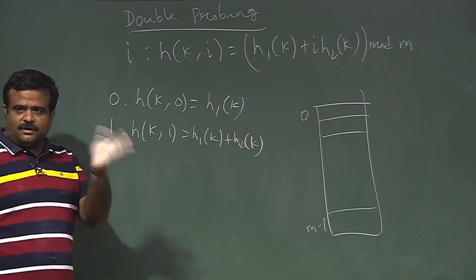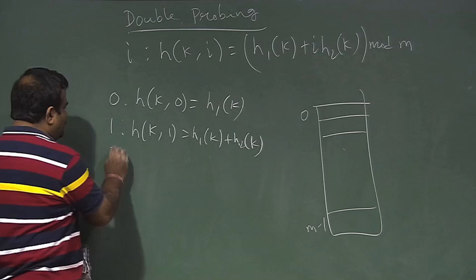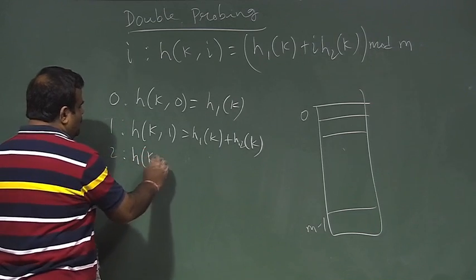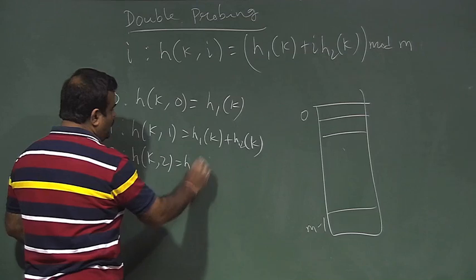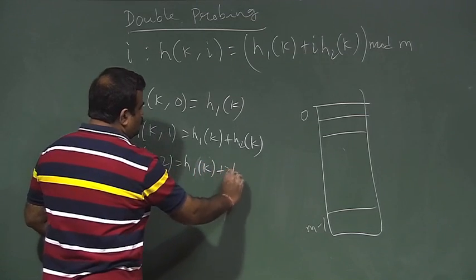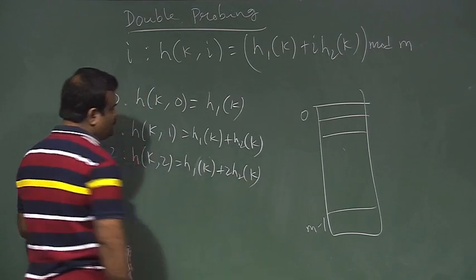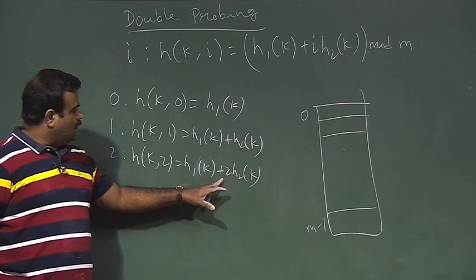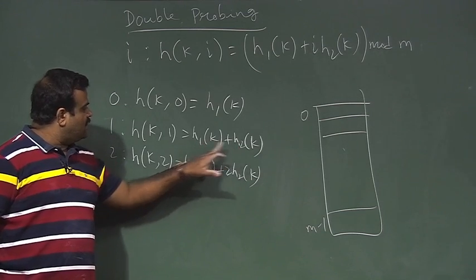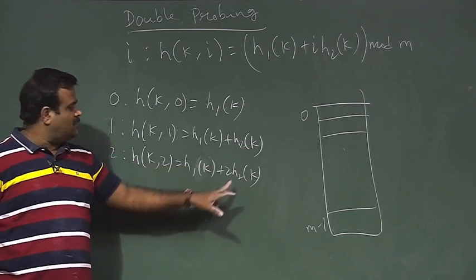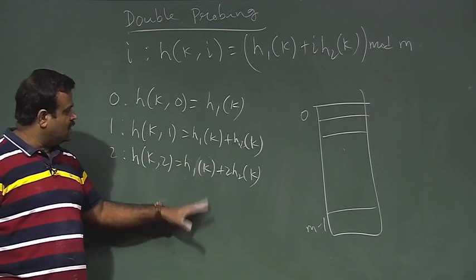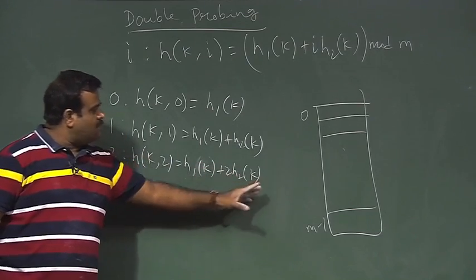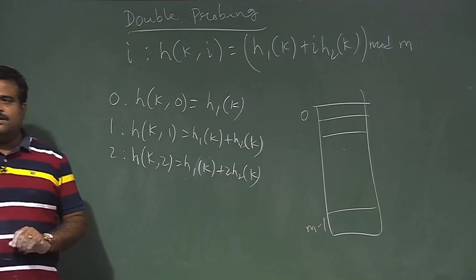If it is not available, then we go for the next probe, which is h1 of k plus 2 times h2 of k. Since we have already calculated h1 and h2, we can use these values to calculate this. We do not need to calculate h1 and h2 again. So, we check this, obviously mod m, whether we are getting an occupied slot.